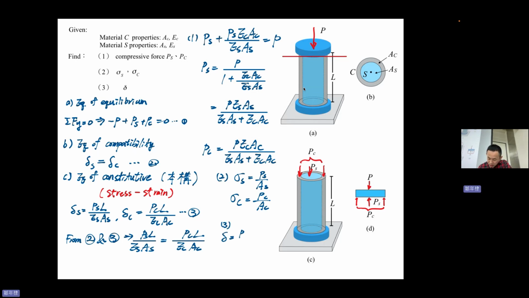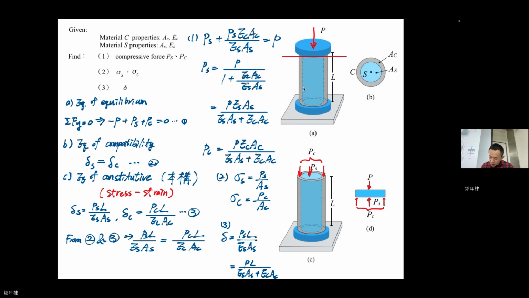Delta equal to PSL divided by ESAS, equal to PL divided by ESAS plus ECAC. Okay, so that's the result.